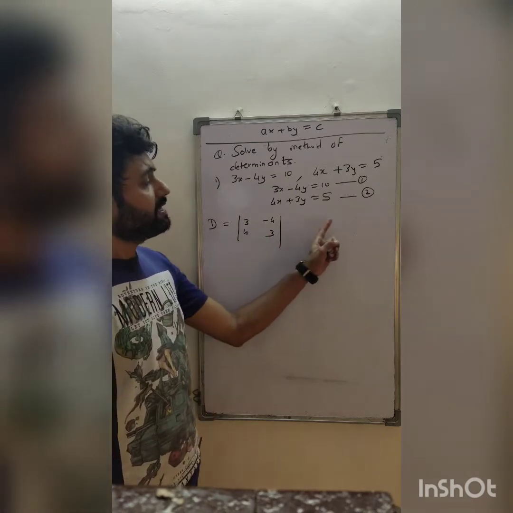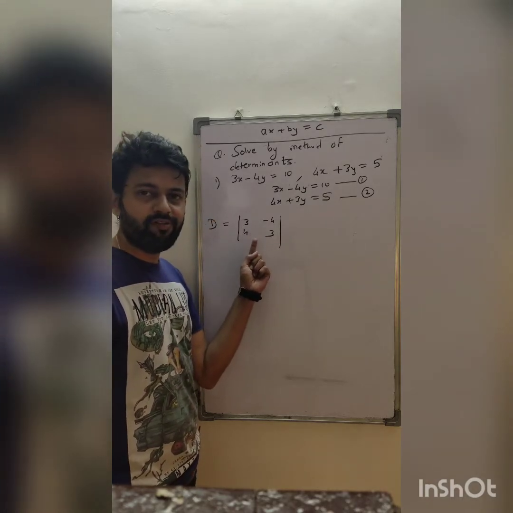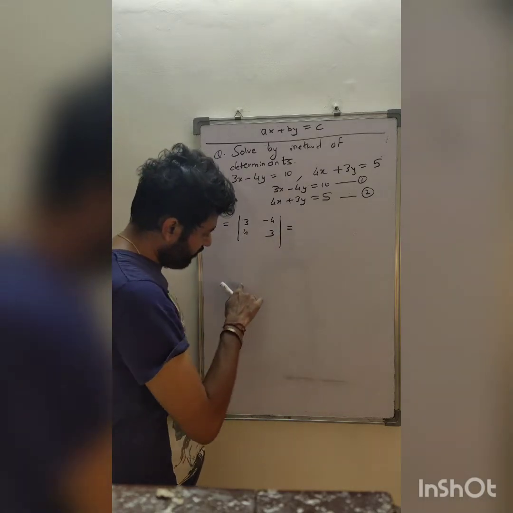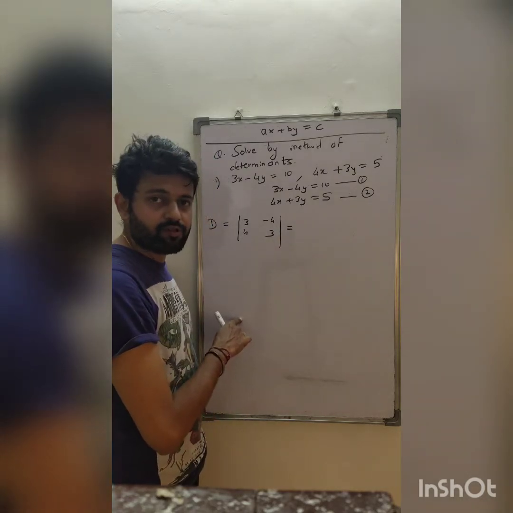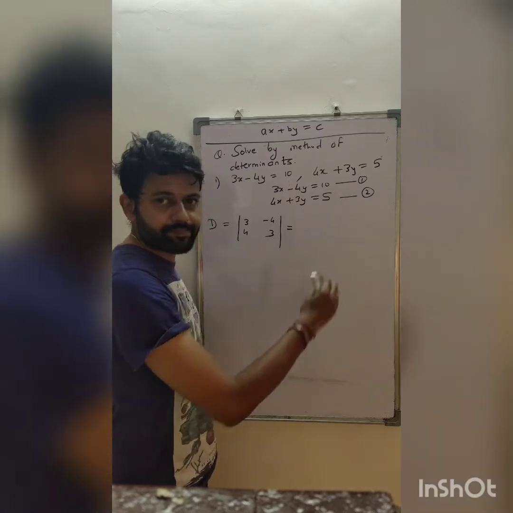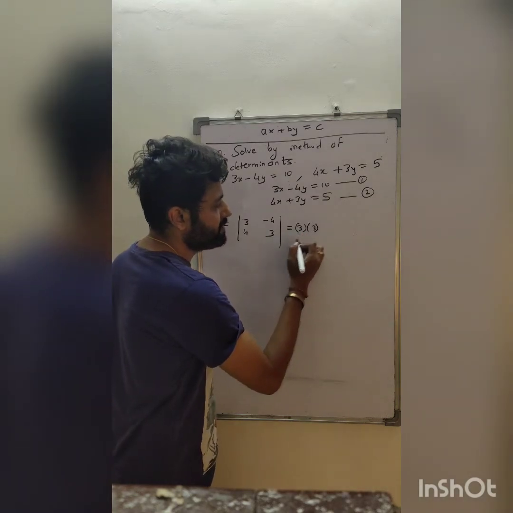We have seen that every determinant has a value, and this determinant will also have a value and we will find it out. We can find the value this way also. Because of less space, I would like to go this way. 3 multiplied by 3.